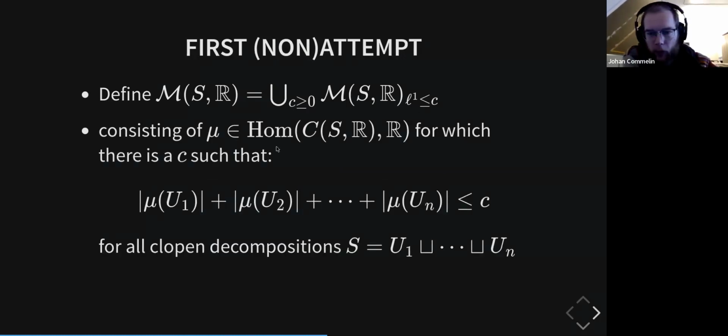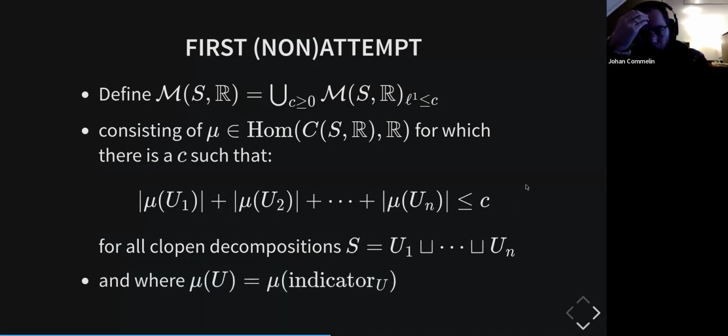So again, we take linear functionals on the space of continuous maps from S to R, and look at those linear functionals mu, for which for every clopen decomposition, you look at where mu maps the indicator functions, take norms of those, and you want the sum of all those norms to be bounded by a constant C, independent of the clopen decomposition.